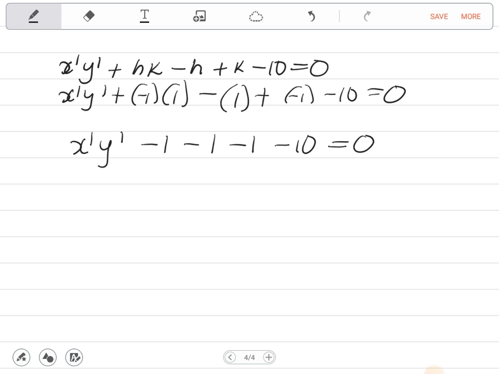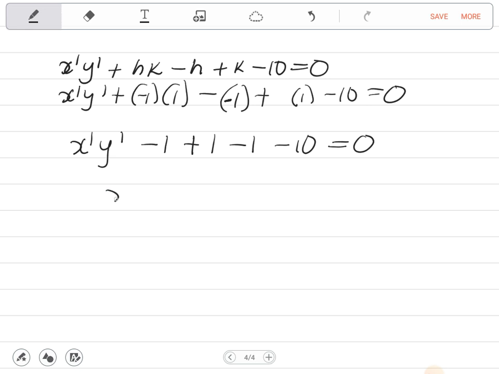Negative 1 here, k is 1. Here that's 9, such that negative 1 plus 1.